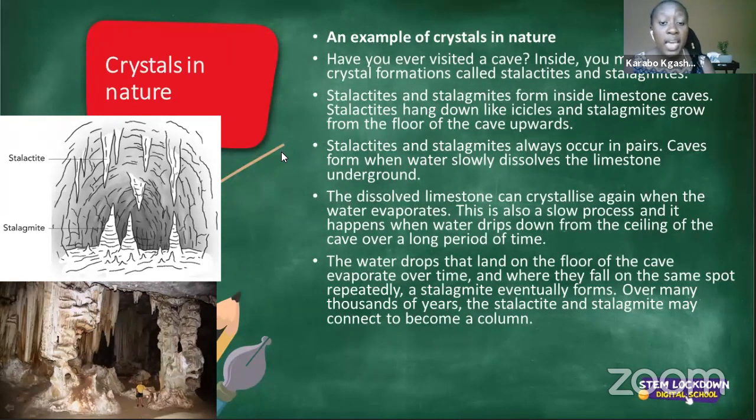So over many thousands of years, the stalactite and the stalagmite may connect to become a column. Now we know exactly how stalagmites and stalactites form, by dripping in the same place over a certain amount of time. All right, that's just something extra for you to be aware of.